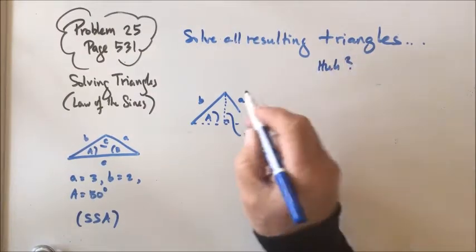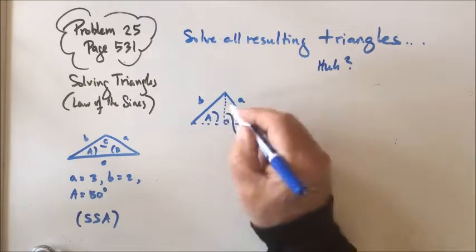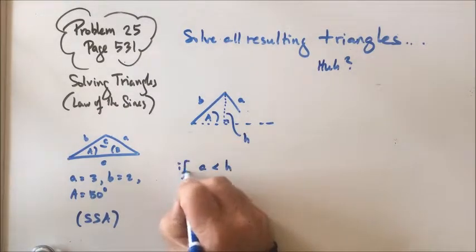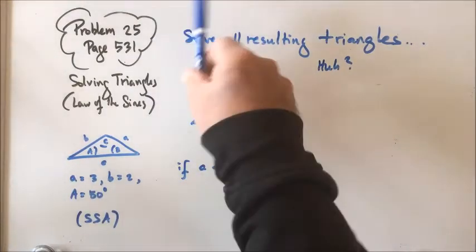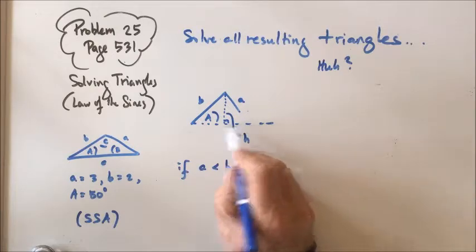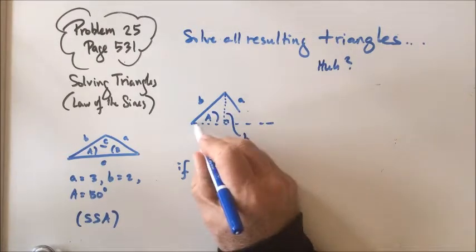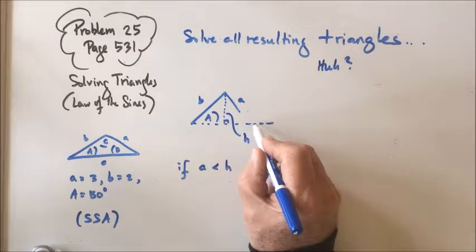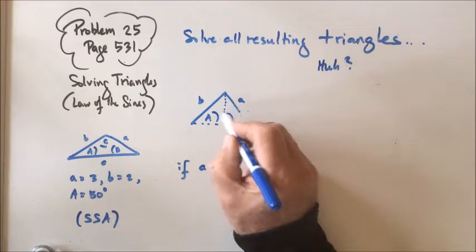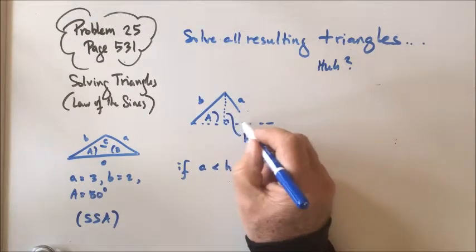Here's what they mean. If a, this side that's given, is less than this height h, look, this a just dangles here. It never makes a triangle that can meet this line off of which angle A is measured. If b is down here, side b is here, so angle B is someplace down here.